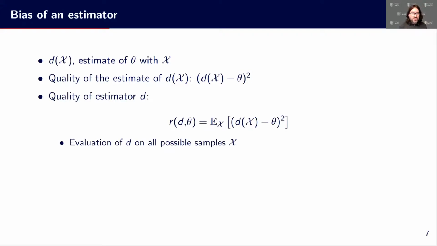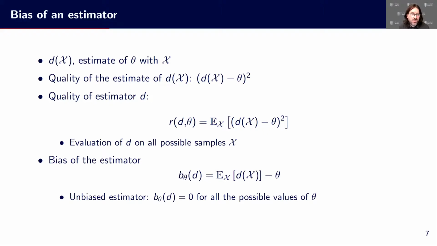And so we get what we call the quality of the estimator d, which is the expectation over all possible samples. A data set is basically a sample. If we look at all possible data sets that we can get, and we take the expectation of the quality, we get something like this. So we evaluate d over all possible samples of x.